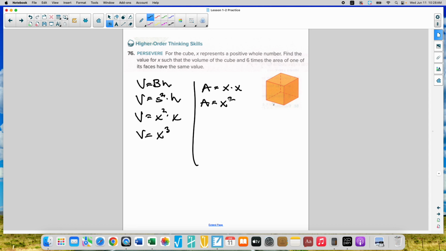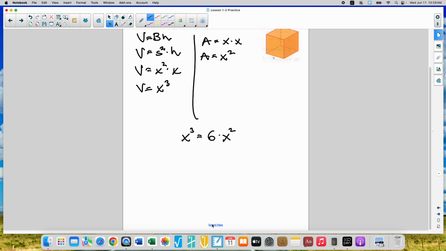So 6 times. So x cubed equals 6 times x squared. So let's divide by x squared. Let's get those variables on the same side. You get x equals 6.